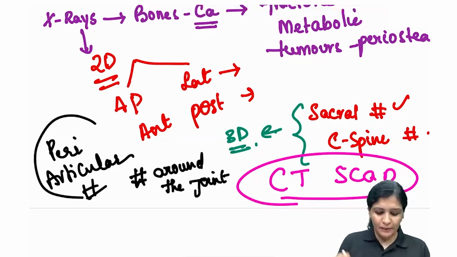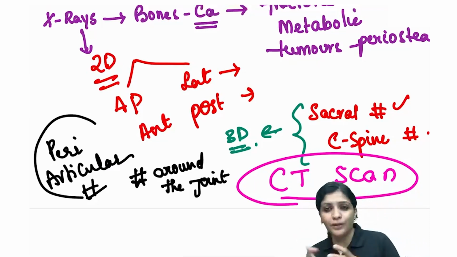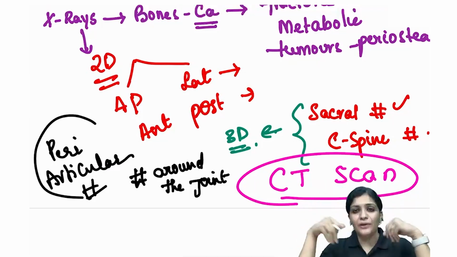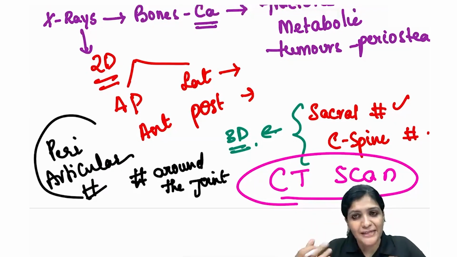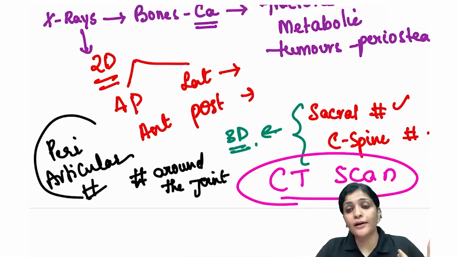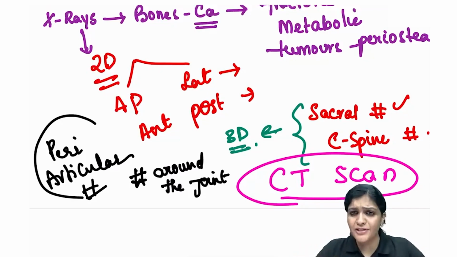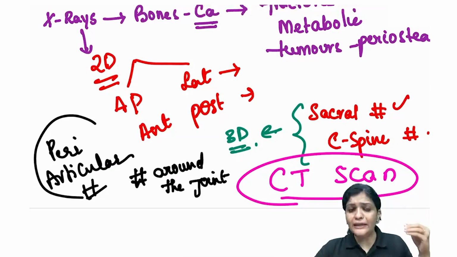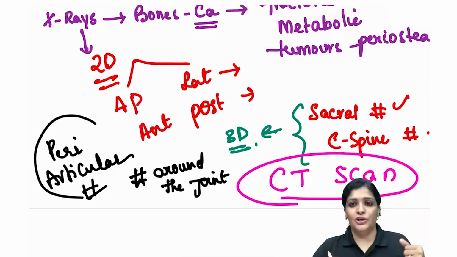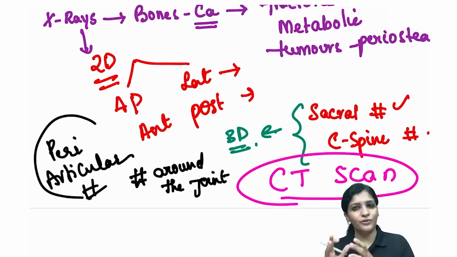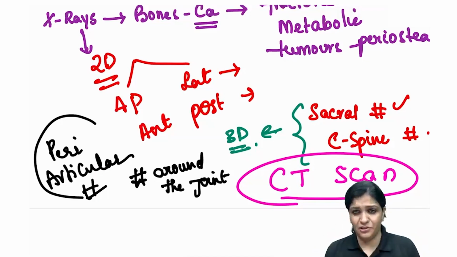What does the word peri mean? Peri means surrounding. So whenever there is a fracture surrounding the joint, for example your supracondylar fracture of femur, or a fracture of the elbow or knee, the proximal tibial fractures, and whenever you want to comment on the joint, whenever the fracture extends into the joint, that is called intra-articular extension of the fracture, then you have to go for the CT scan. X-ray would not be sufficient, right?